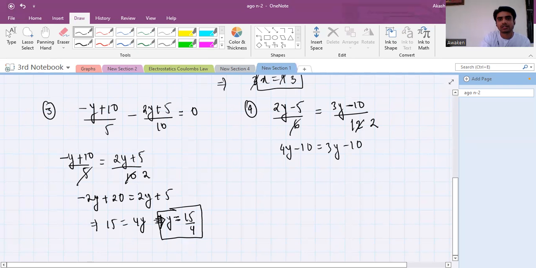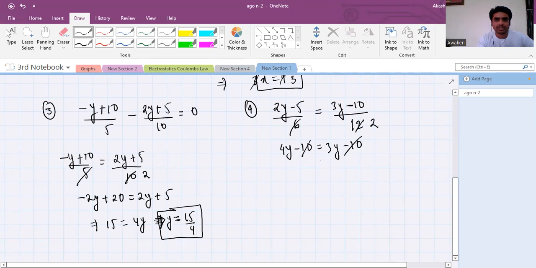So minus 10 can get cancelled. Then you get 4y is equal to 3y. So it will be not defined. Because then if you take 4 over there, y is equal to 3y by 4. Then again, y will get cancelled. So you get 0 is equal to 3 by 4.